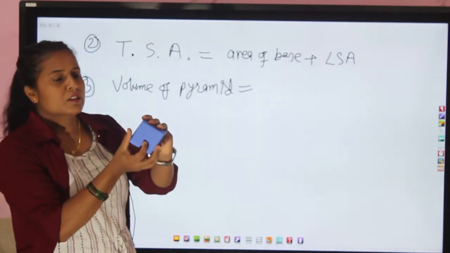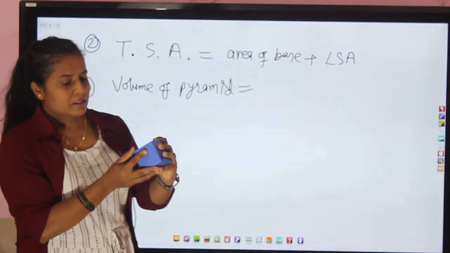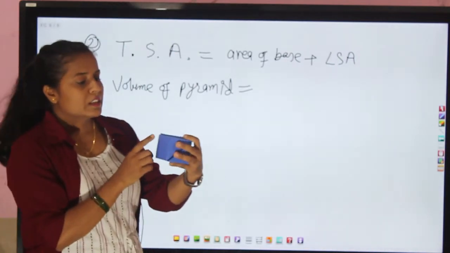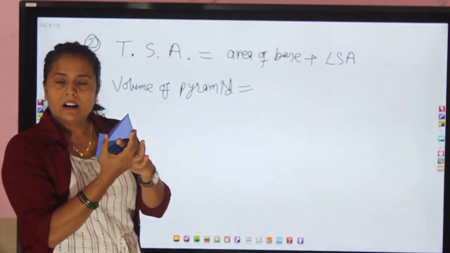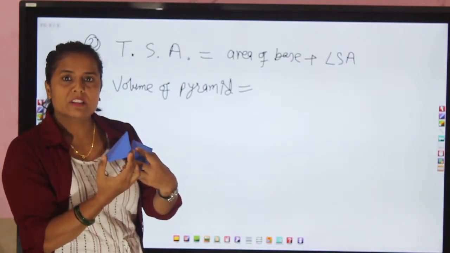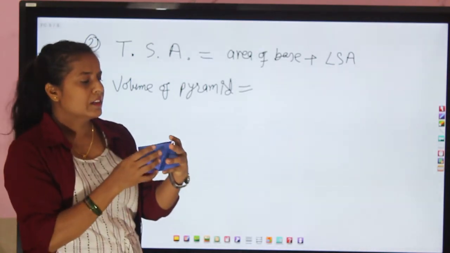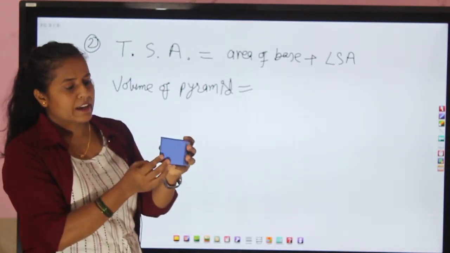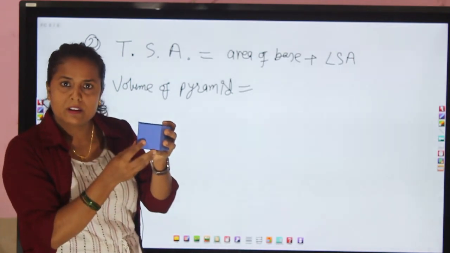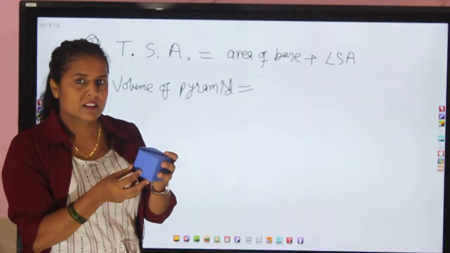Yes. So here the important thing is the base area and height of the pyramid and the base area and height of the prism are equal.